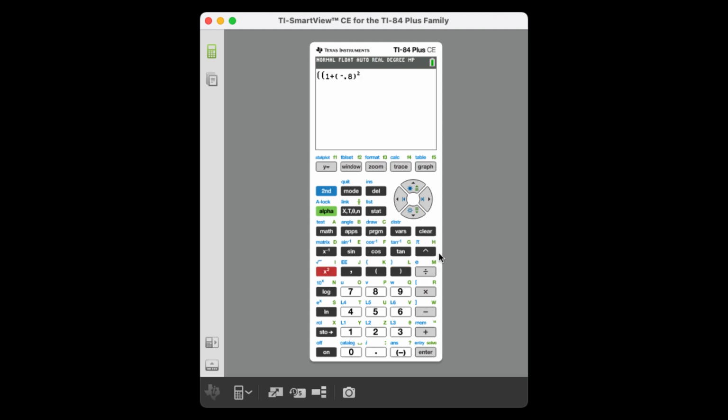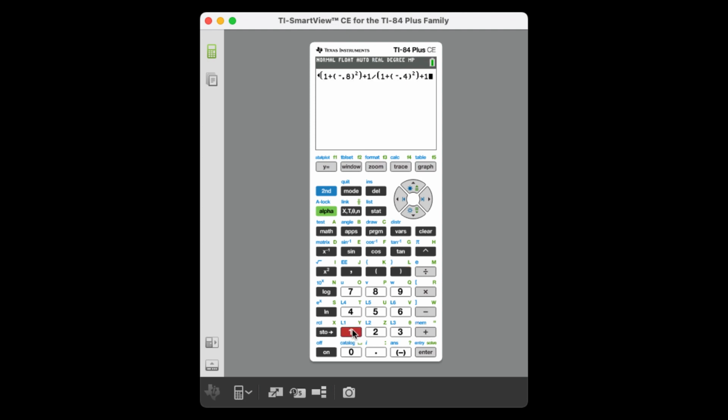All right, that's where it is. 1 divided by 1 plus. All right, close that again.